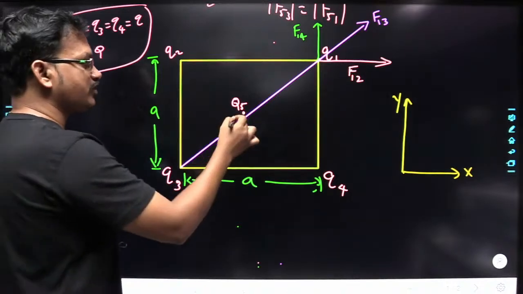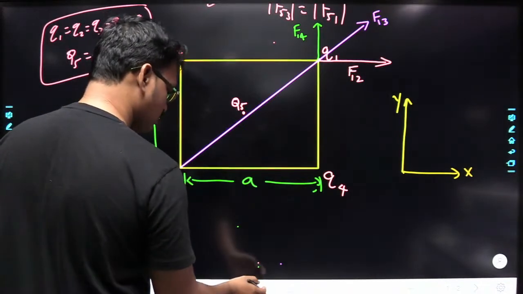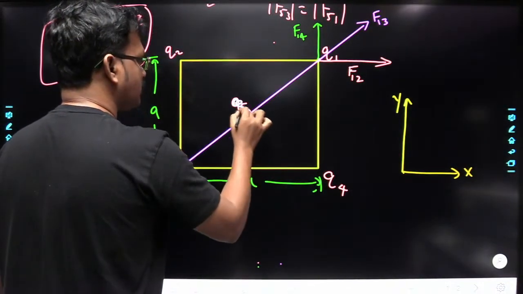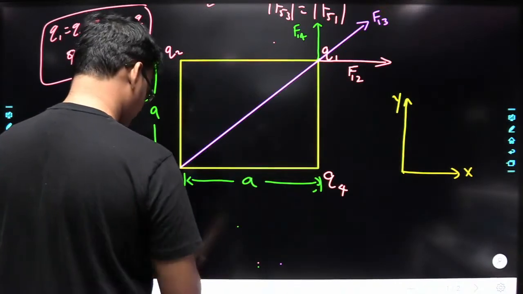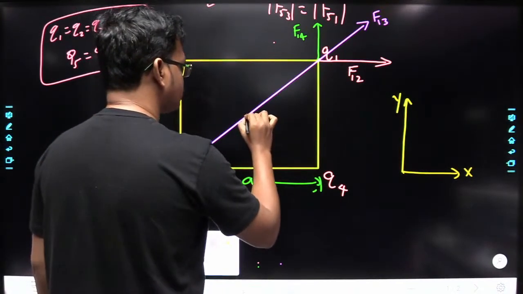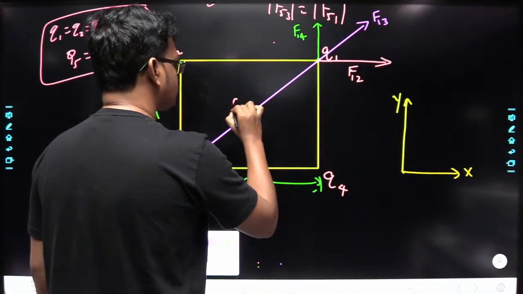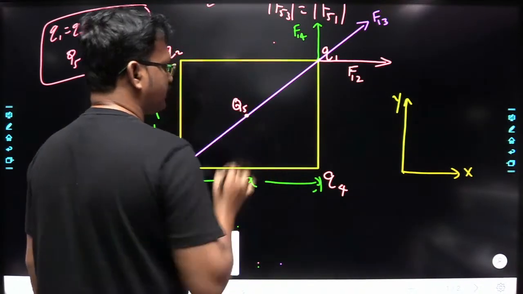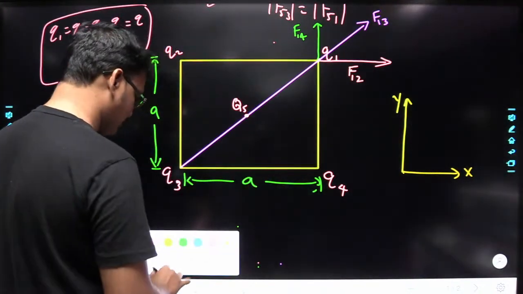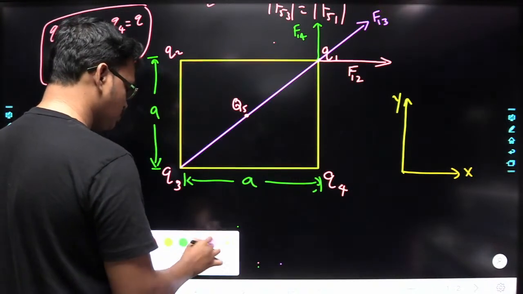Next, what is left out here? Q5 is left out. Yes or no? Okay. So here you have Q5. Now due to Q5, in which direction is it going to experience the force?